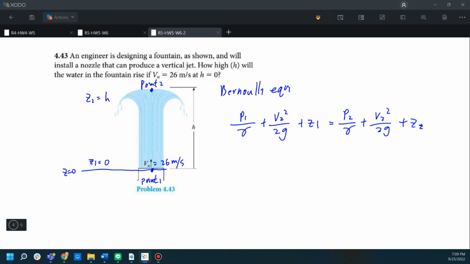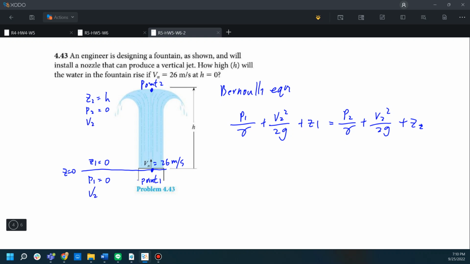And what about pressure? For P1 and P2, because the water is exposed to the atmosphere, the pressure is 0 for both point 1 and point 2. How about the velocity?